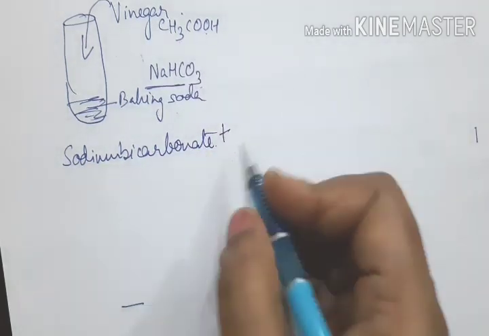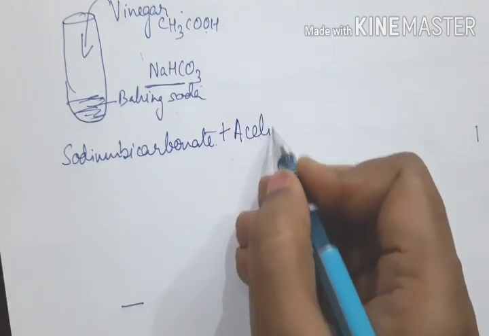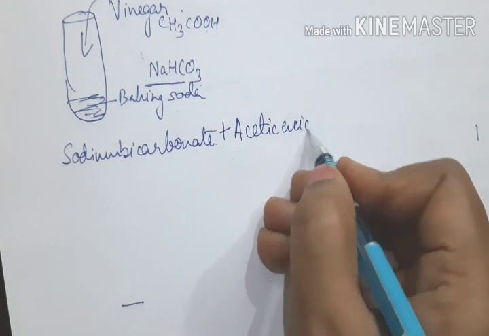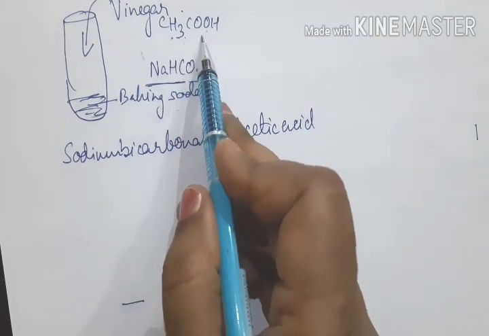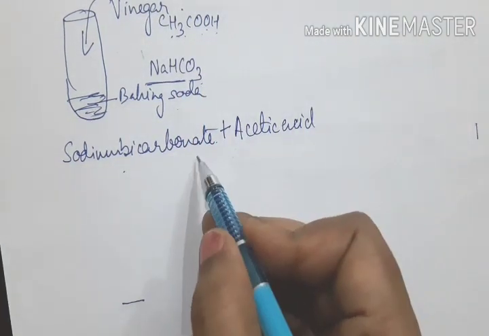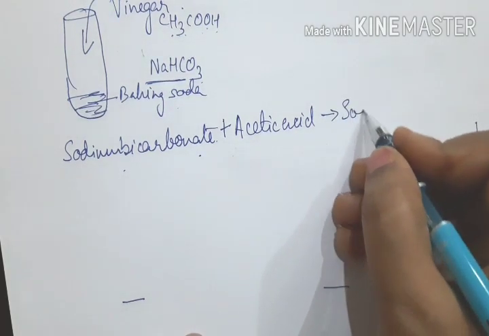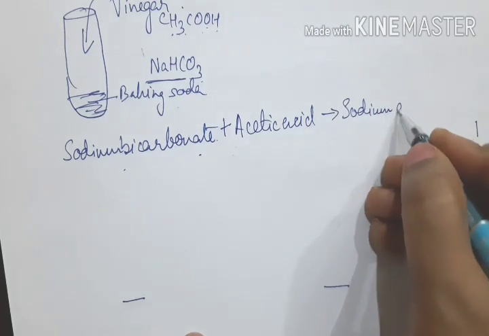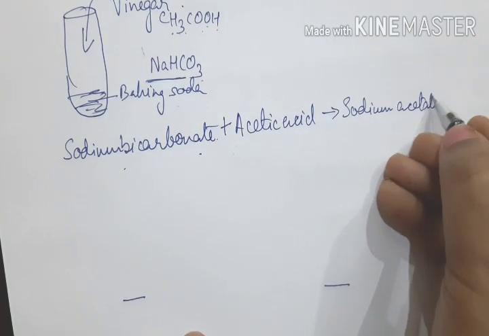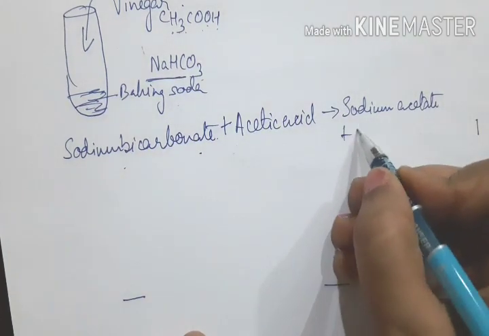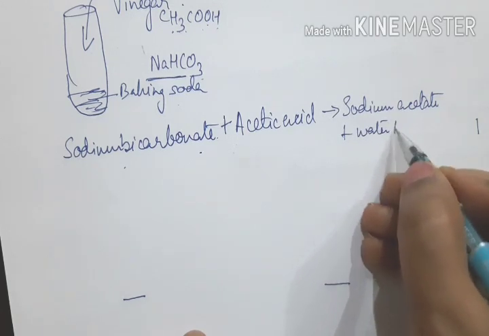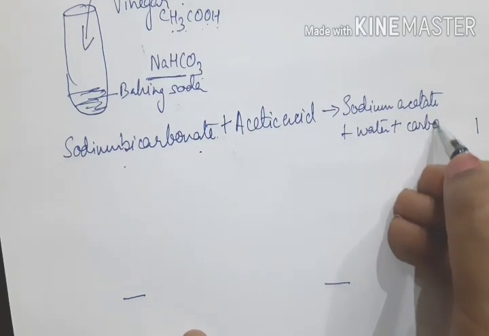Now this vinegar is acetic acid, the formula of which is CH3COOH. Sodium bicarbonate and acetic acid react to give you sodium acetate, plus water and carbon dioxide.